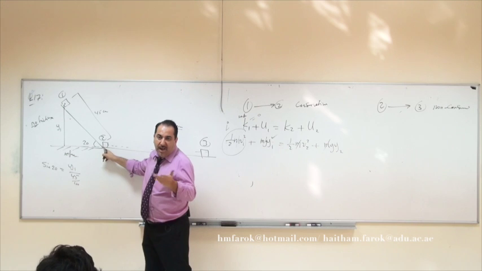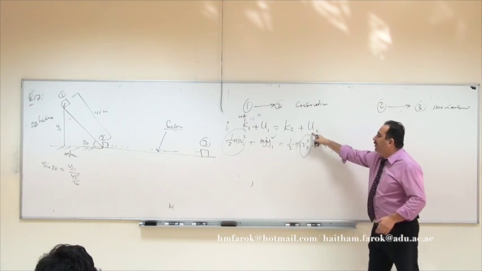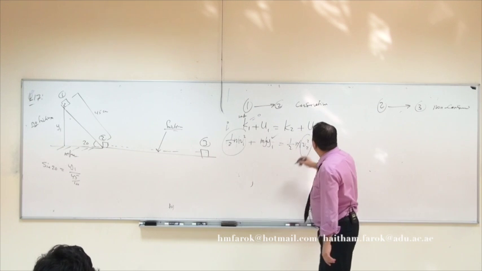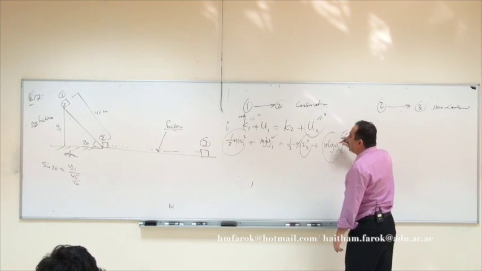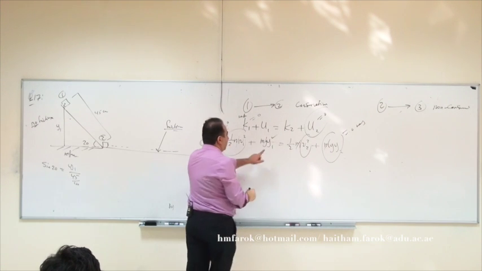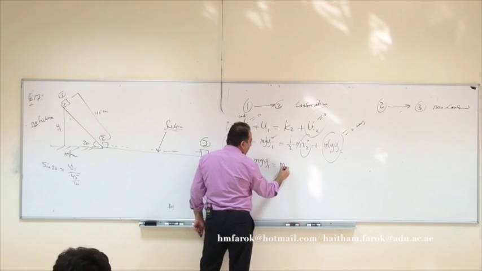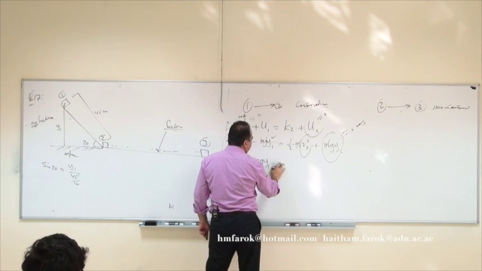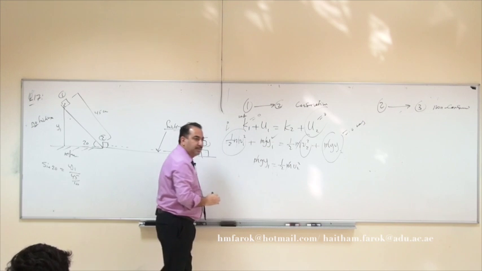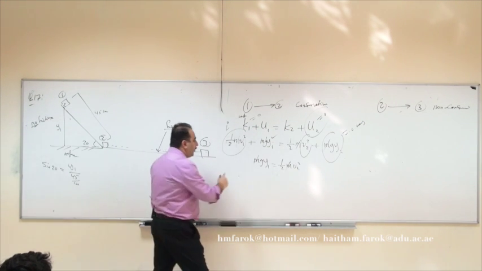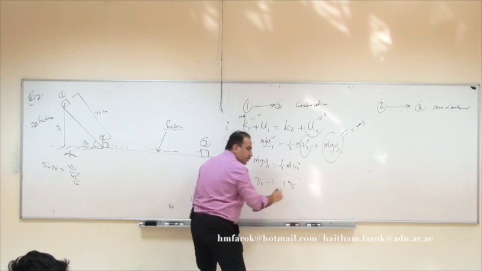No, unknown. So this is your unknown. How much is U2? 0, reference. So what is left from this equation? mgy1 equals half mv2 squared. Of course, m with m cancels. So from here, I'll find v2.